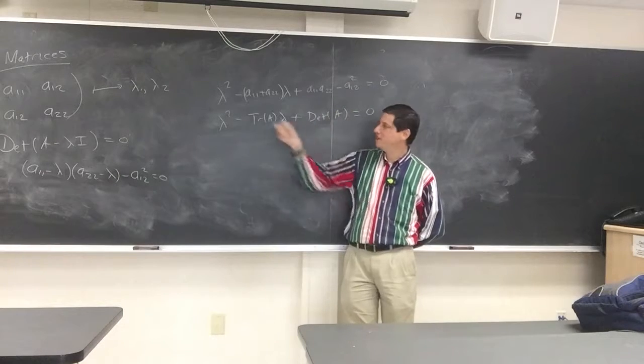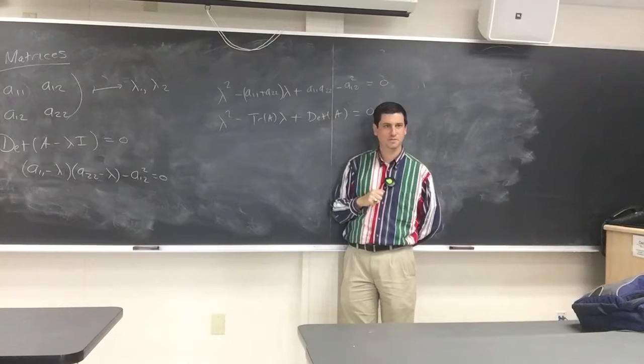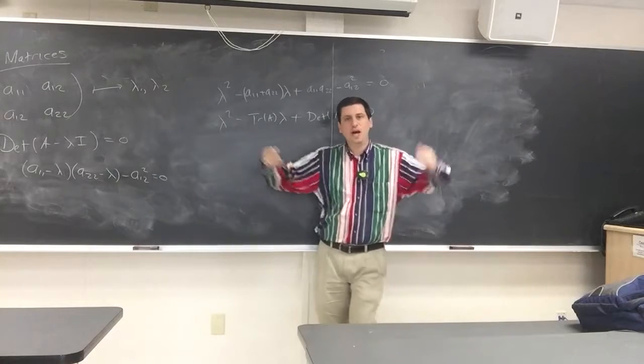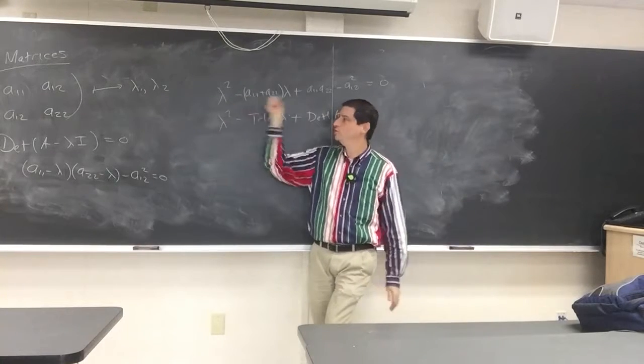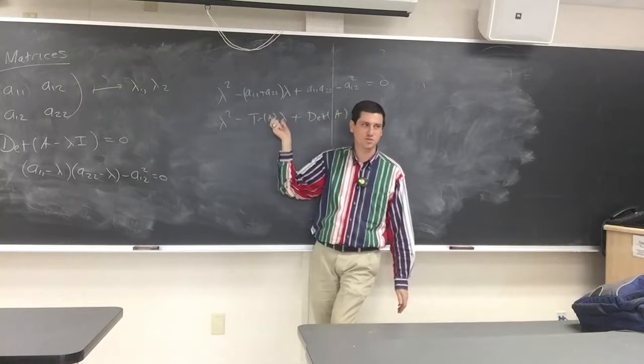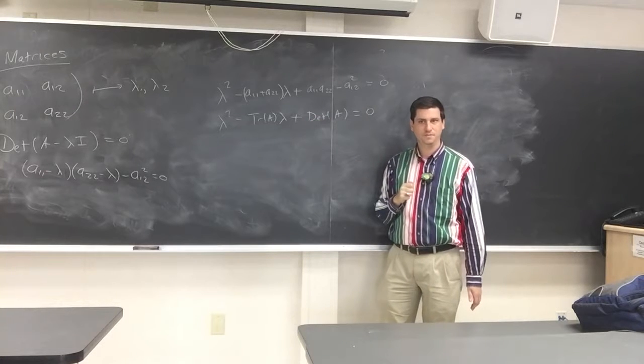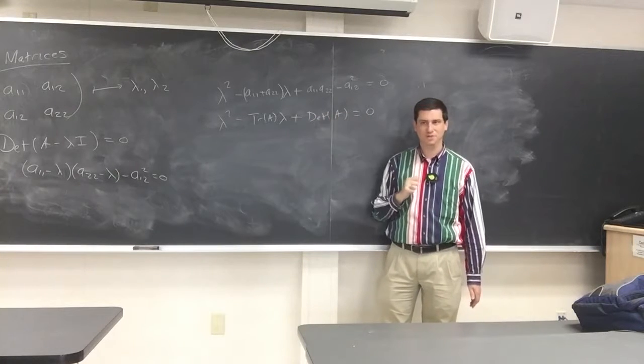So you actually have a nice expression for the polynomial. That's the trace, and this is the determinant. As you get to higher and higher size matrices, you will still have something like this. The first term will always be the trace, lambda to the n minus 1. The last term will always be plus or minus the determinant. And then you have other terms in between.